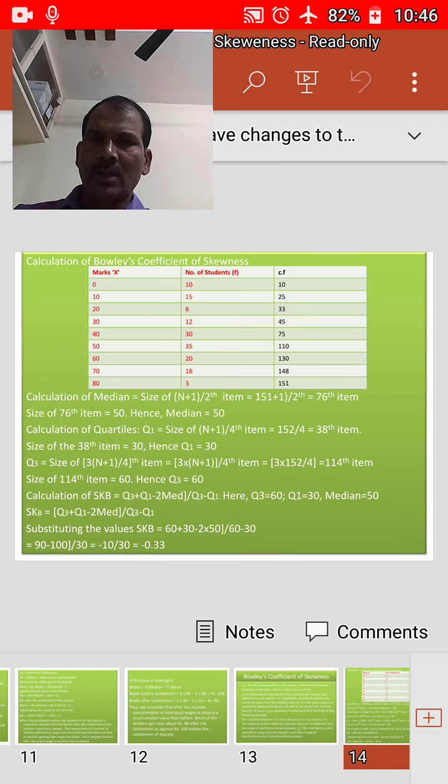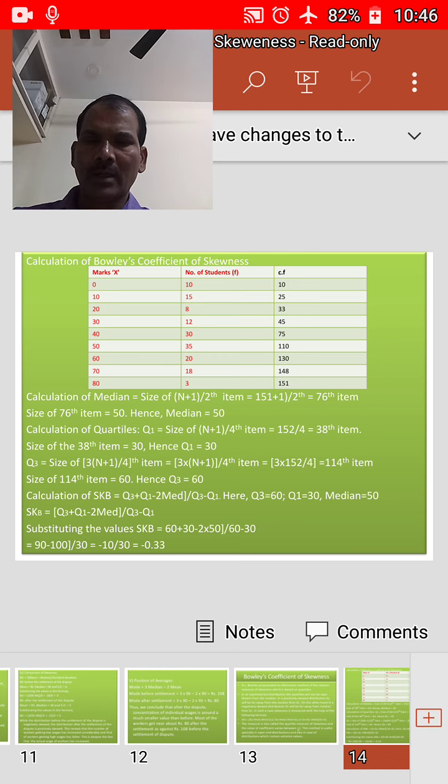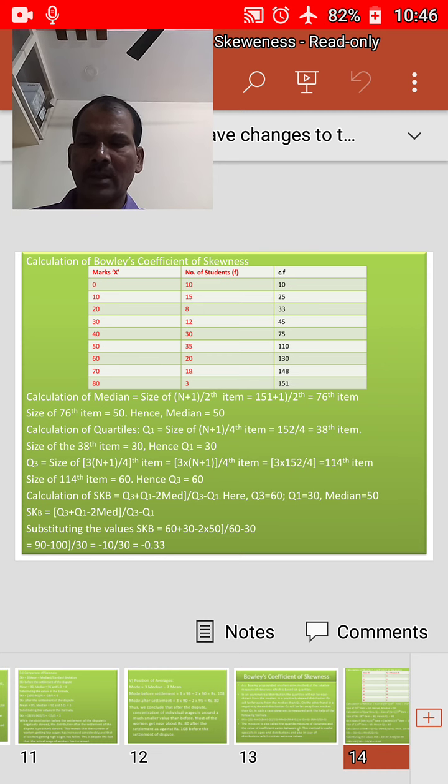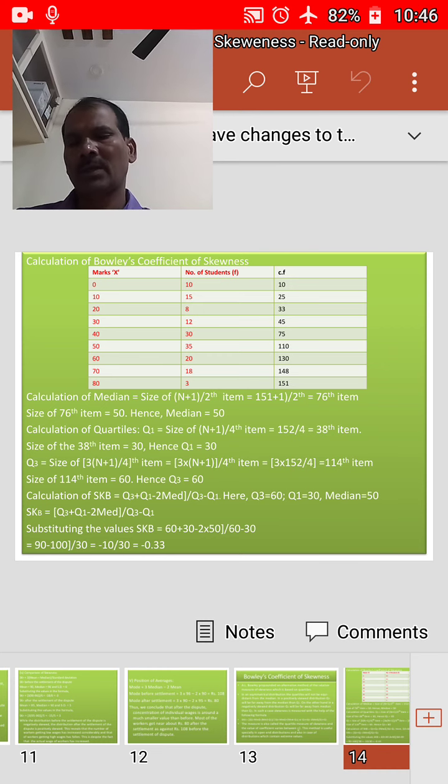Now we'll consider one problem here for better understanding. Calculate Bowley's coefficient of skewness for the following distribution. He has given marks: 0, 10, 20, 30, 40, 50, 60, 70, 80. Number of students are 10, 15, 8, 12, 30, 35, 20, 18 and 3.